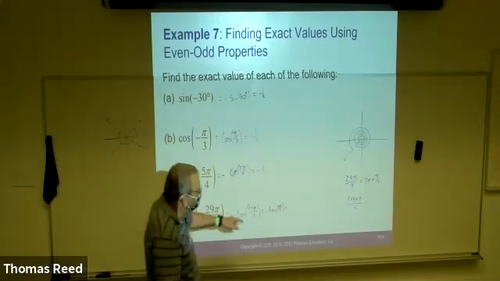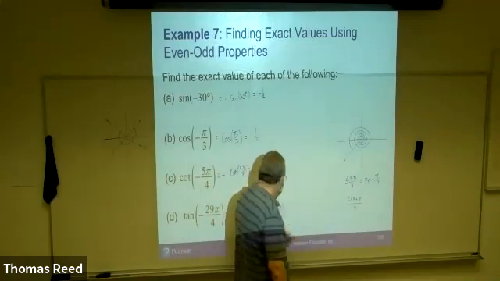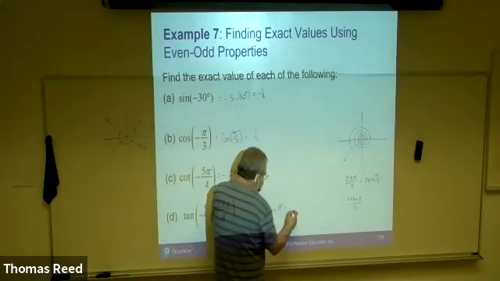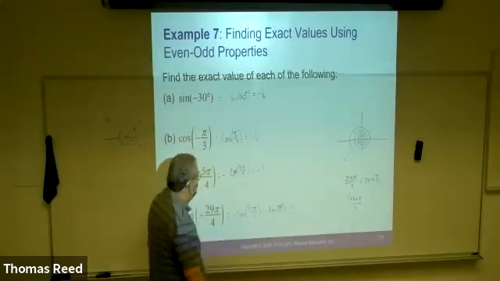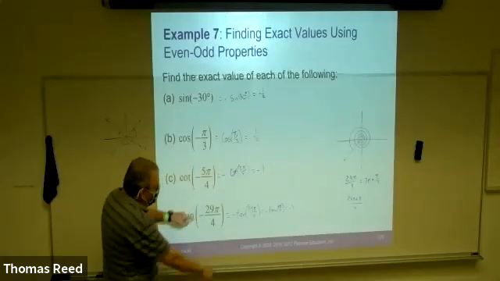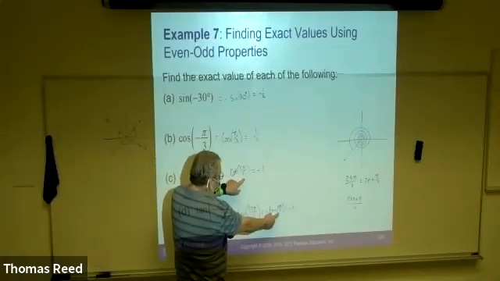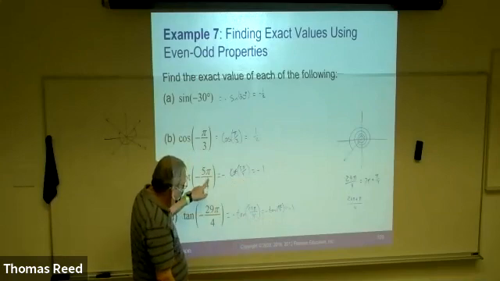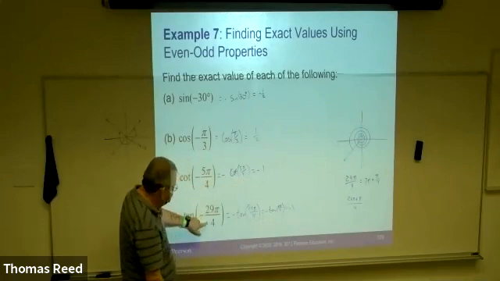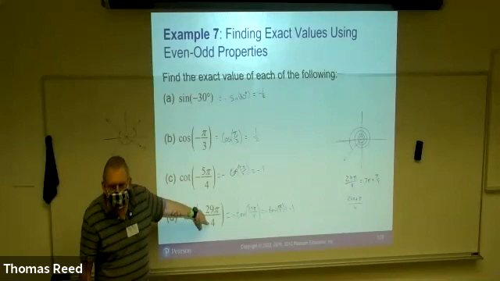And tangent of 5 pi over 4 is 1. But we want the negative of that, so it's negative 1. Yeah, these line up in the same place. This angle and this angle have the same terminal side.